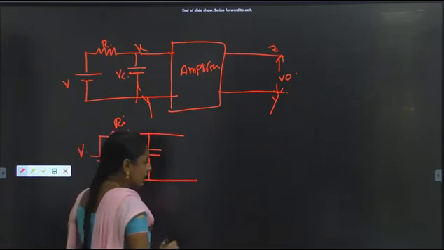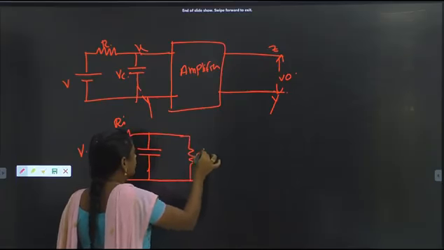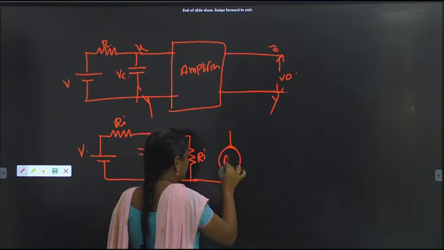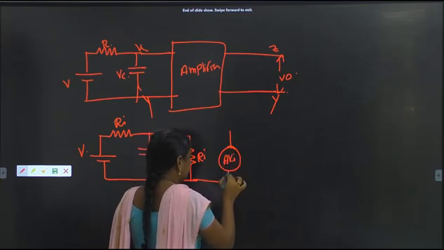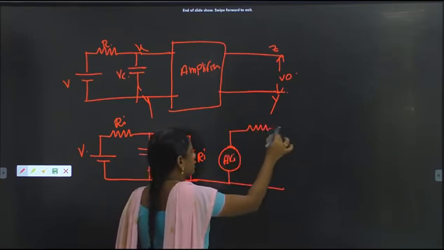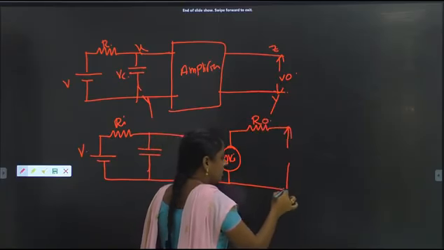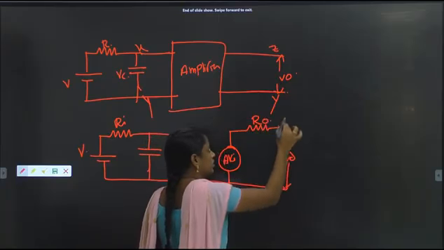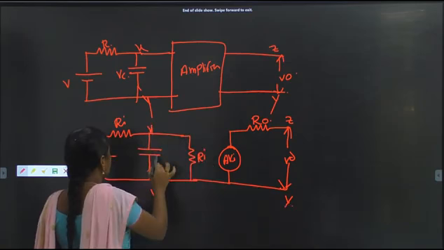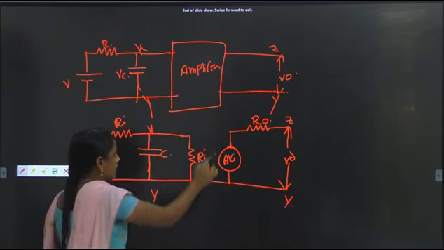So here we have Ri, and the next one is A into Vi. After that it is connected to R0, and this is V0 at Z Y, and this is X Y with capacitor C. Let us check the condition.